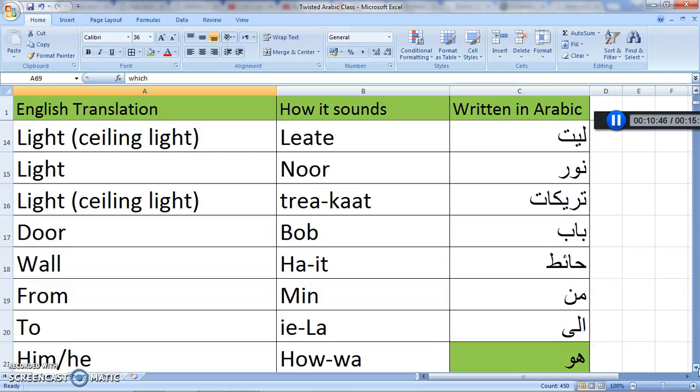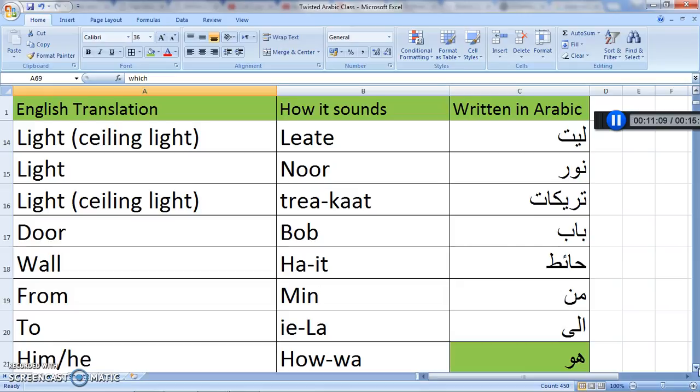Him, or he, is huwa. Okay? Huwa is how you say him for male. You can't say huwa to a girl. That would be hiya for a girl. So you have huwa is him for singular man.